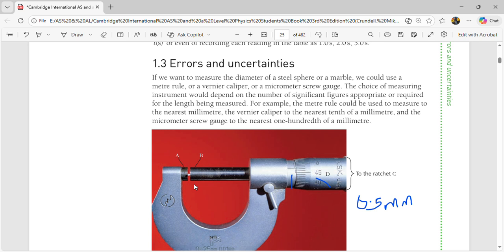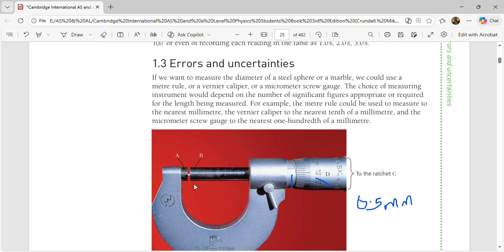Like for example, for the diameter of a steel ball, obviously it is so small, and it is better we read the value to 2 dps, 2 decimal places, and a meter rule reads to the nearest millimeter to 0 dp, a micrometer screw gauge to 1 dp, or you can say to the nearest tenth of a millimeter.